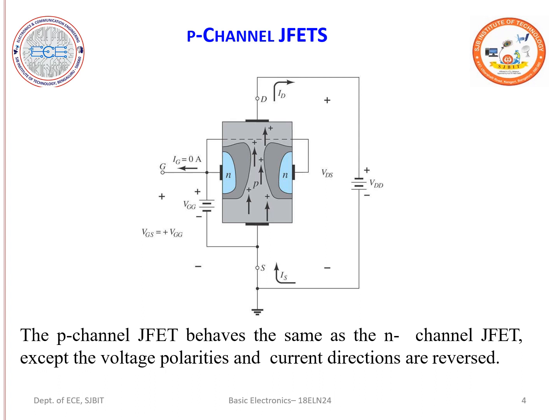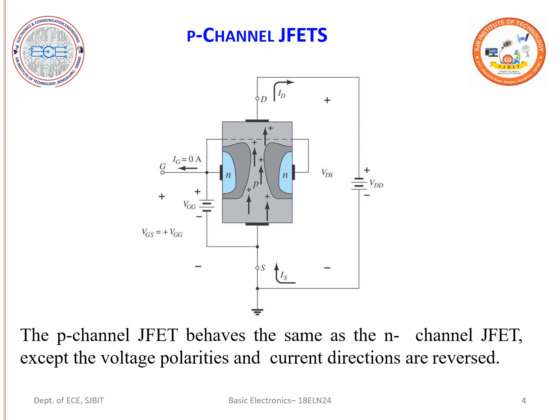But coming to VGS, when we apply the VGS voltage, we operate the P-channel JFET as in the N-channel JFET, under two conditions. For the N-channel FET, the first condition was VGS equal to 0 and VDS greater than 0, and the second condition was VGS less than 0, where VGS was negative.